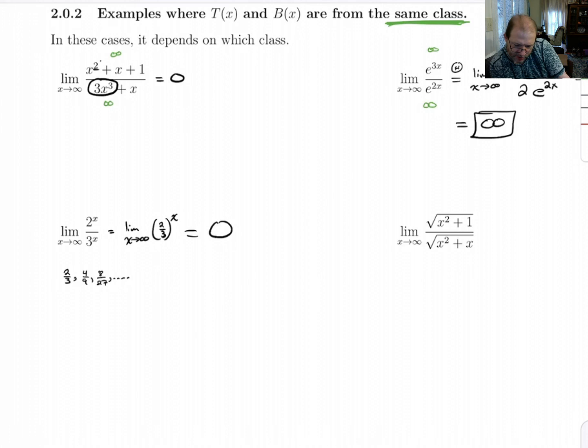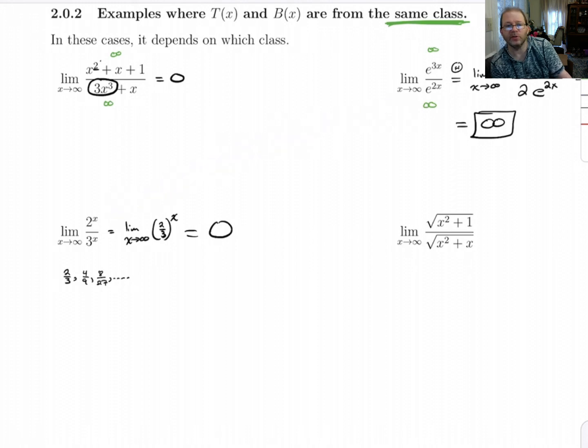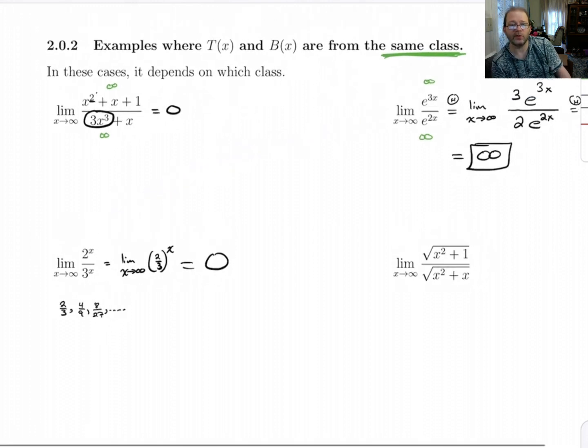So I guess the takeaway here is, if you're dealing with 2 functions that are both exponentials, basically the faster one is going to win and push the thing either to infinity or 0, depending on whether it's on top or bottom.